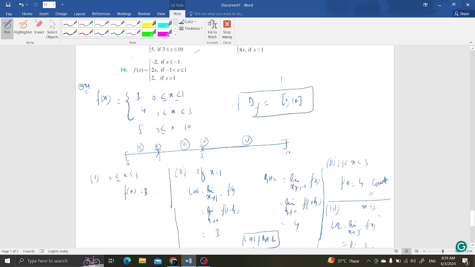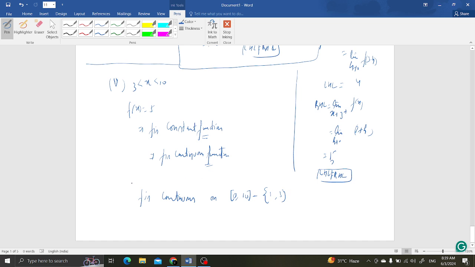At how many points is it discontinuous? At 1 it is discontinuous, at 3 it is discontinuous. So f is continuous on this set, and f is discontinuous at 1 and 3.